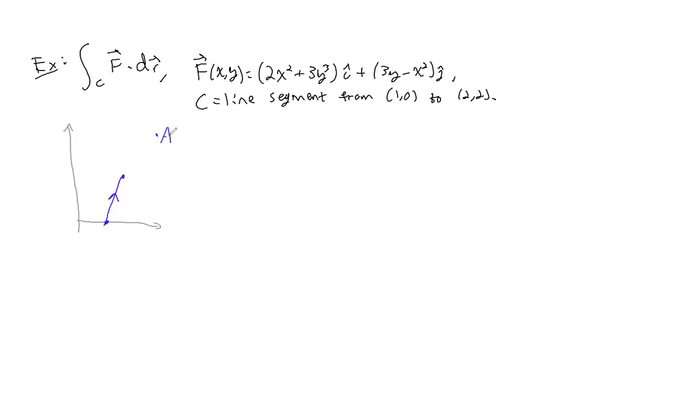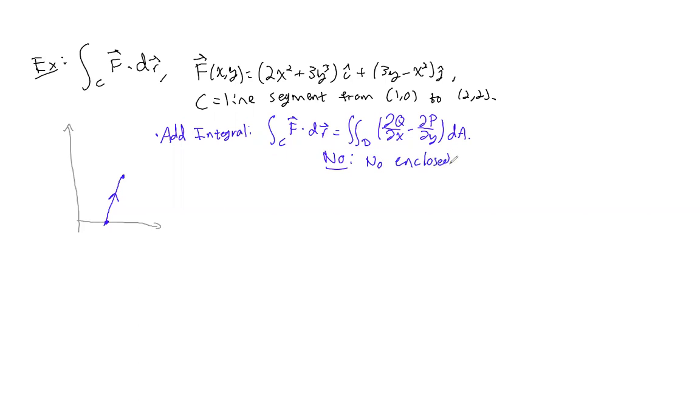So this is the add-an-integral approach. And you can't do this because there's no enclosed region D. How about we remove the integral?